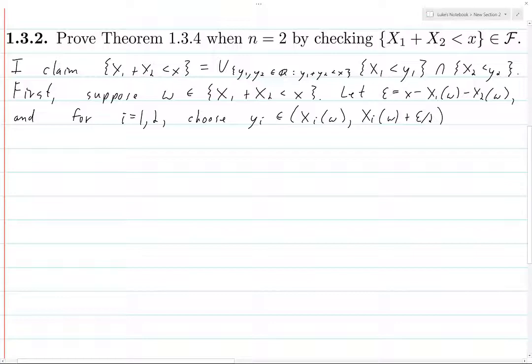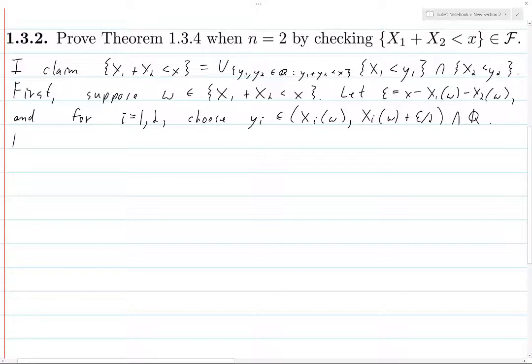Since this is an open interval, its intersection with the rationals is non-empty because rationals are dense. So y1 is a rational number between x1 of omega and x1 of omega plus epsilon over 2, and the same for y2.